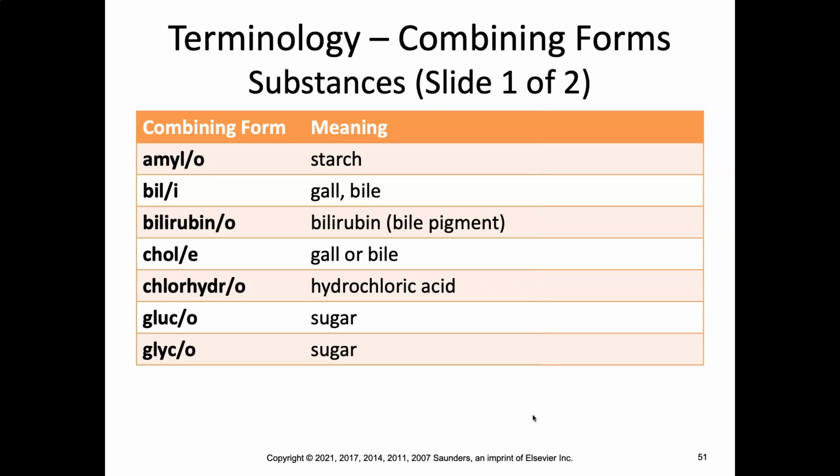And here are more. Amylo, Billy. And again, notice our combining forms are usually an O. But here we have Billy with an I and Coley, which has an E. Very unusual. So make sure you make note of those. And Billy is different than bilirubino. One is bile, the other one is biopigment.